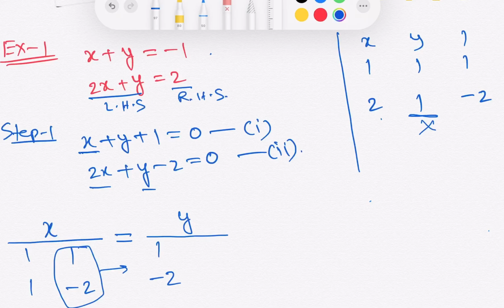The constant part I have already written here, so now only the x variable part is left. So write the x variable 1 and 2 here. After that you write the constant part, 1, then you write divided by.